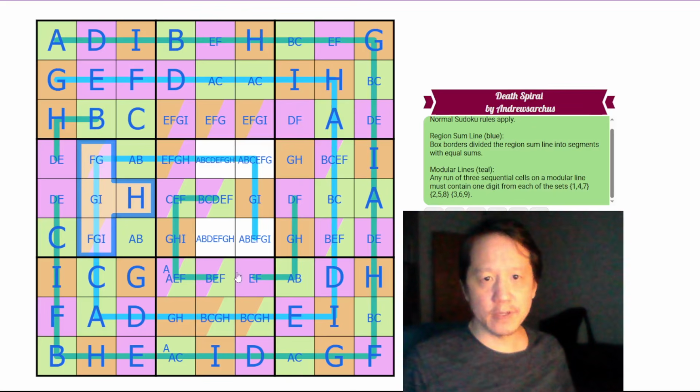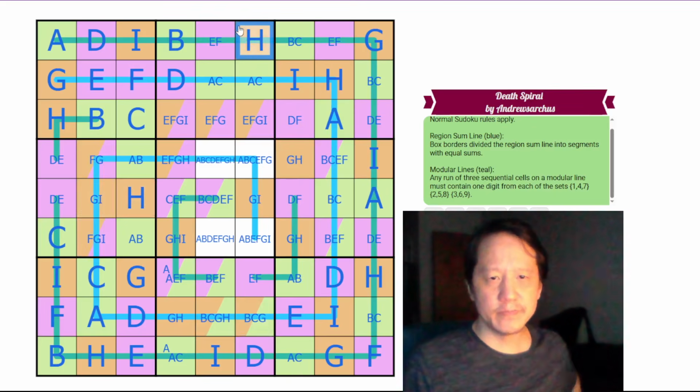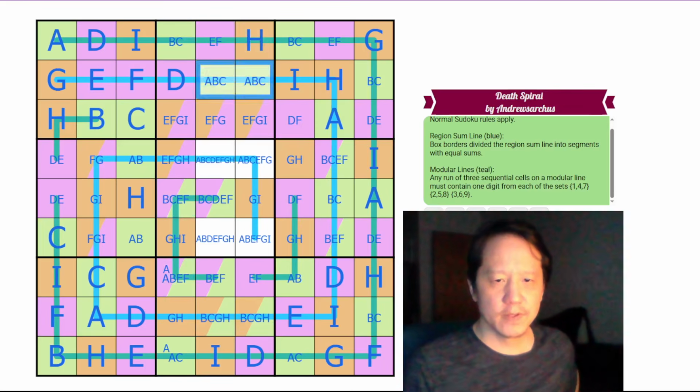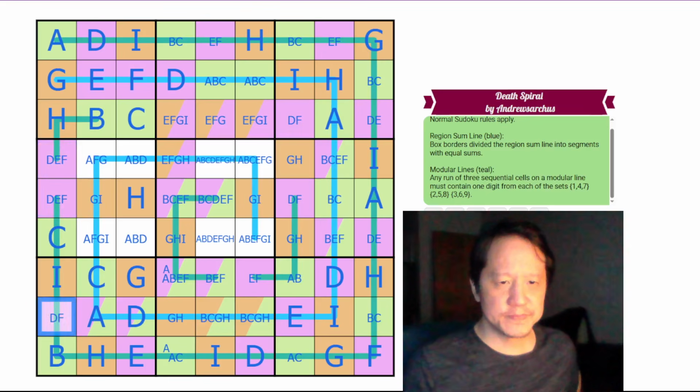This can't be H because of H in the column. We can remove that anyways.